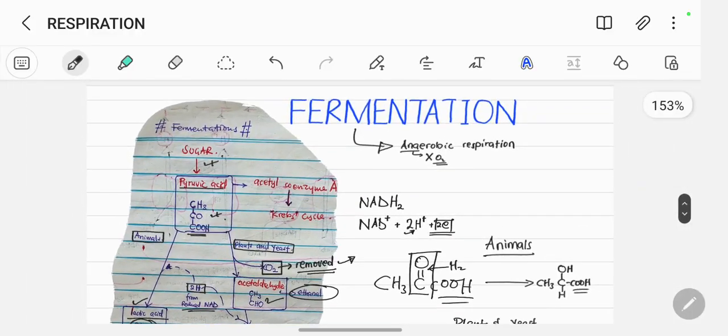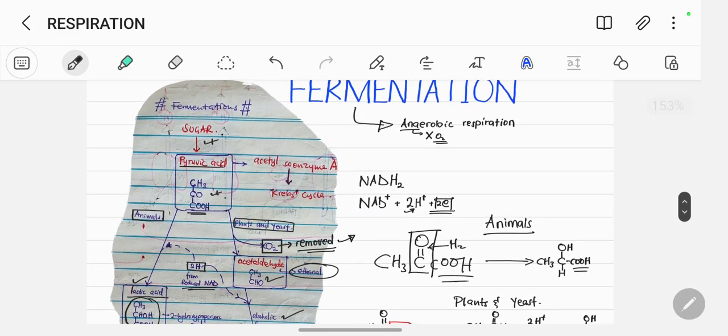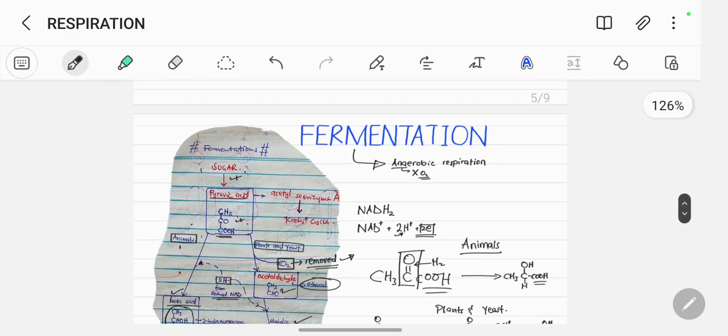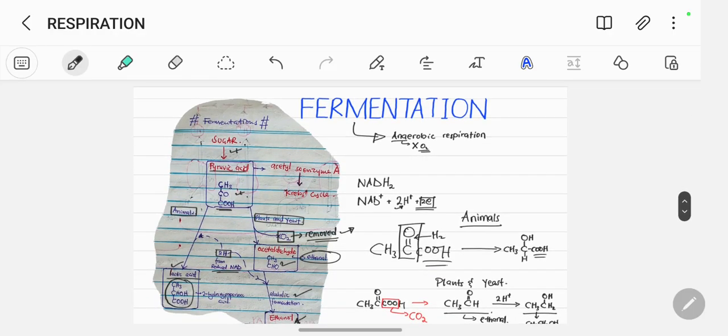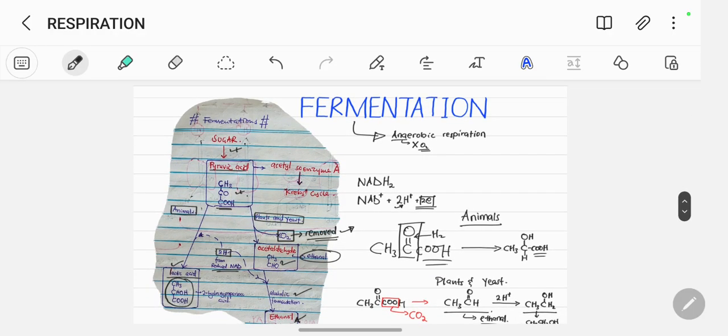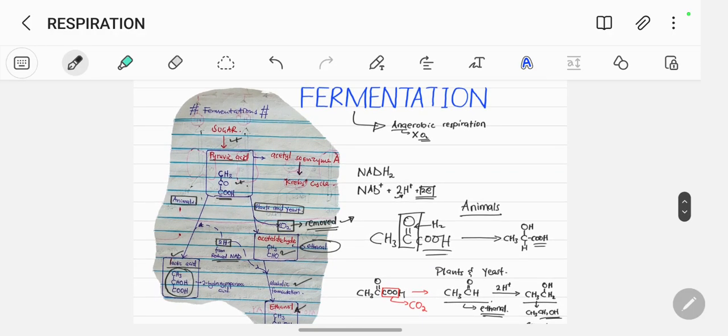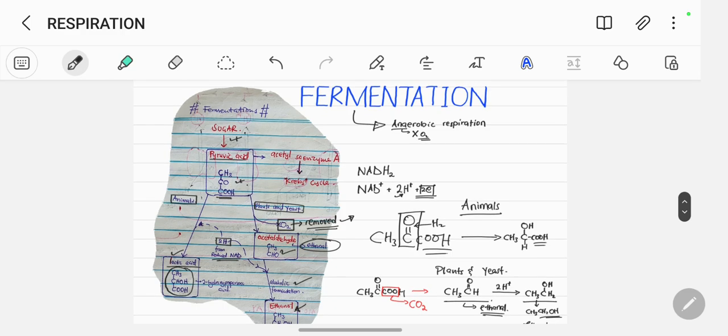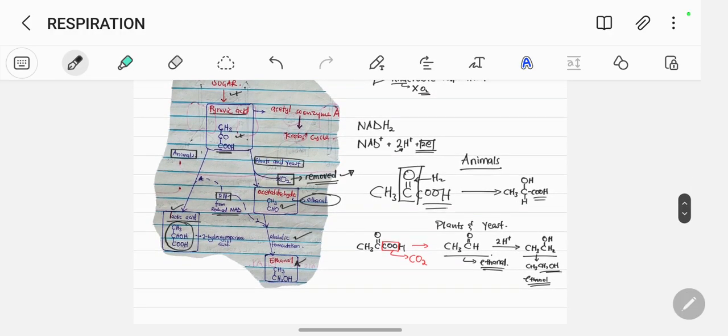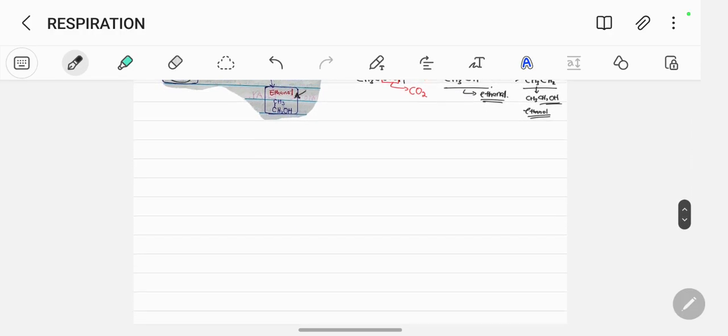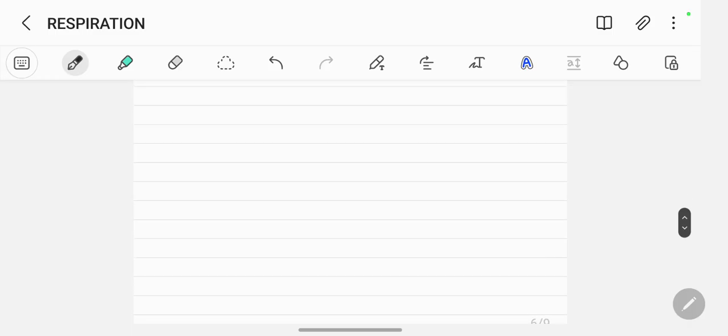So this is our fermentation. Go and read. At least I've given you a good start for these two fermentations. If you pair it up with organic chemistry, reduction, oxidation, things are going to come out.